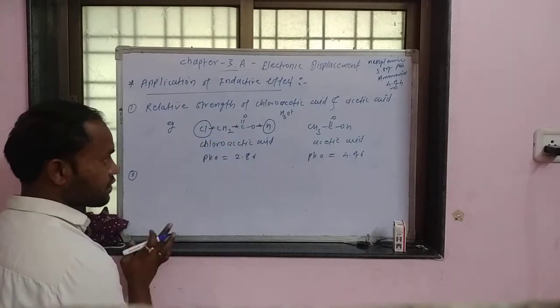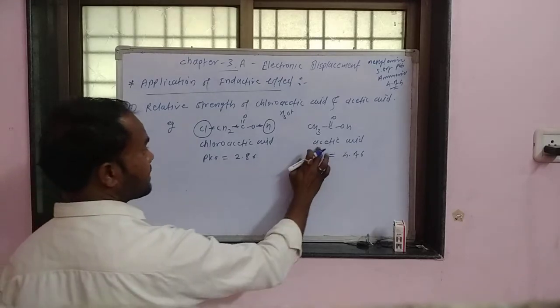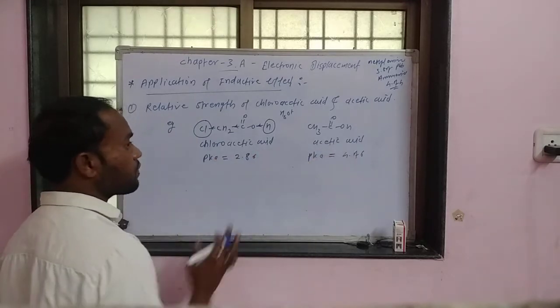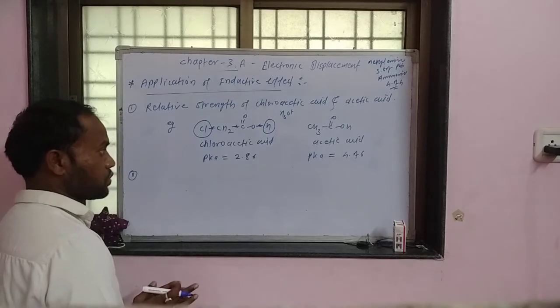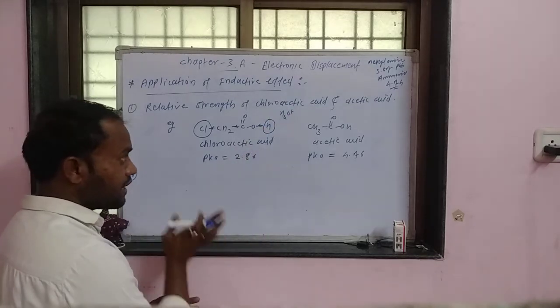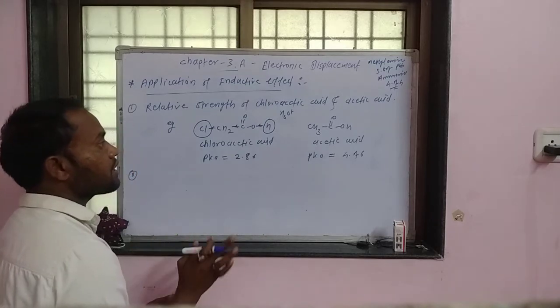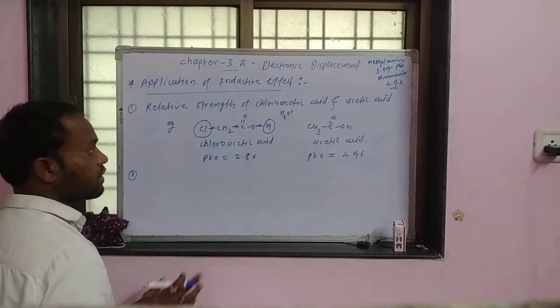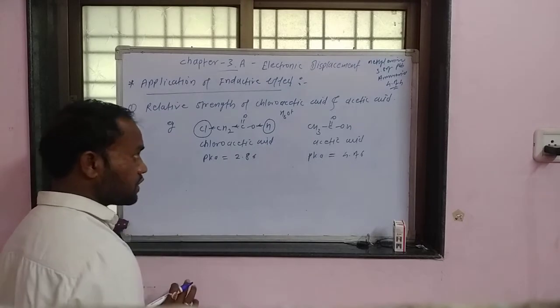Chloroacetic acid is a stronger acid than acetic acid because it easily releases a proton in aqueous solution to form H3O+.